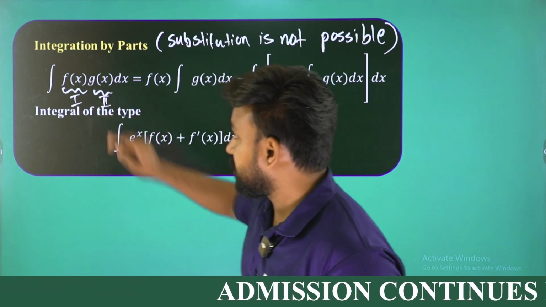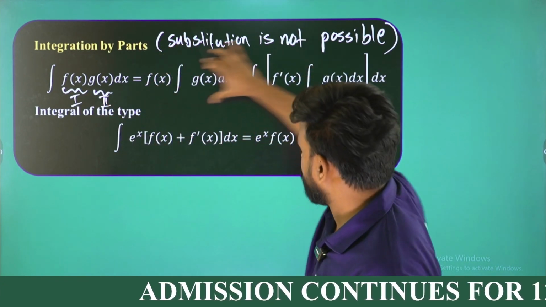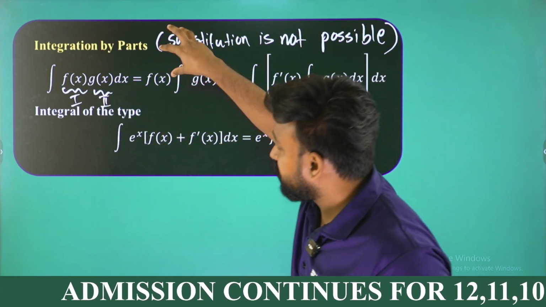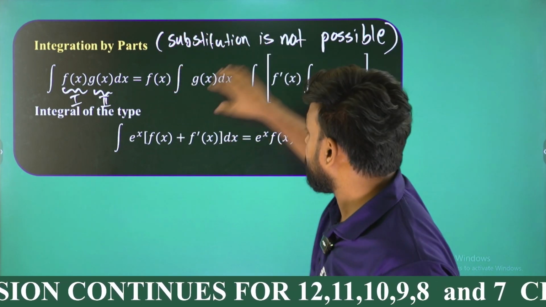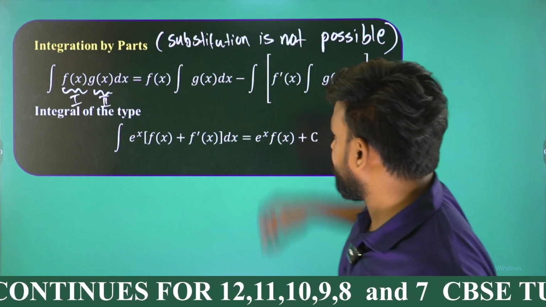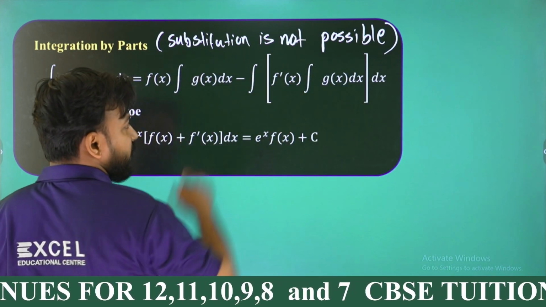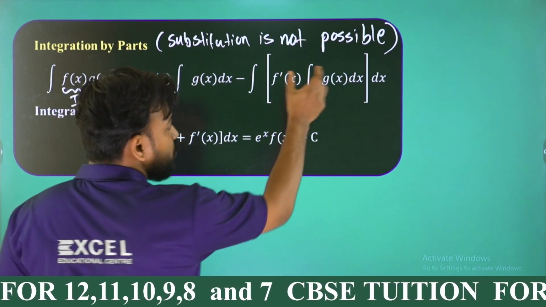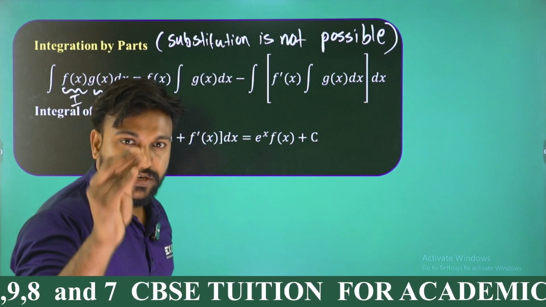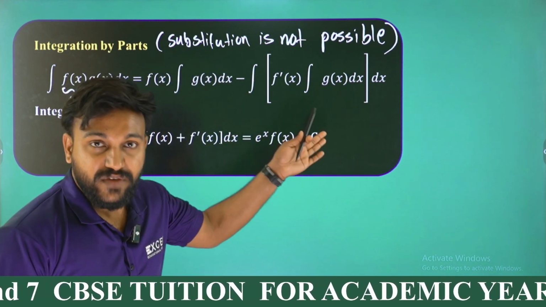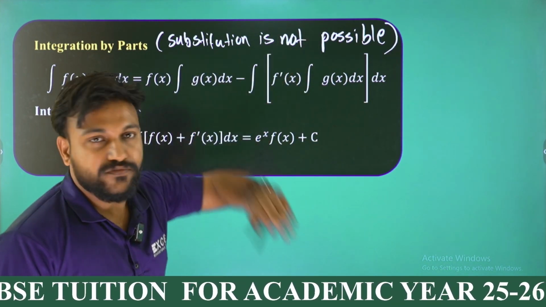So first function, second function, and the equation for integration by parts is what? First function into integral of second function minus integral of derivative of first function into integral of second function, all dx.